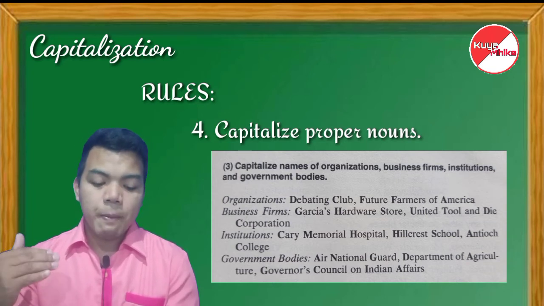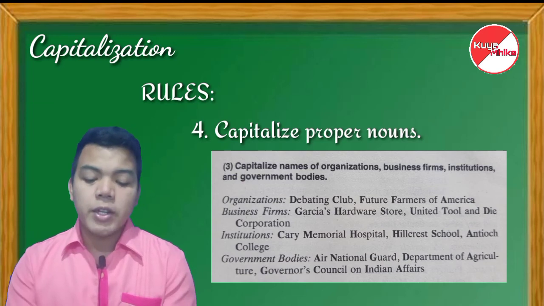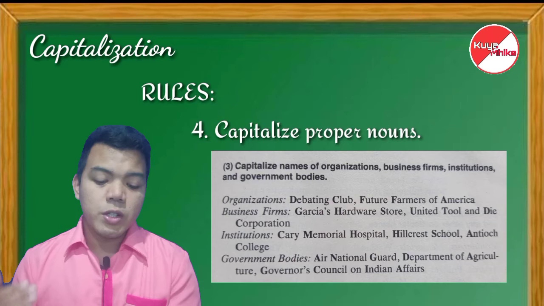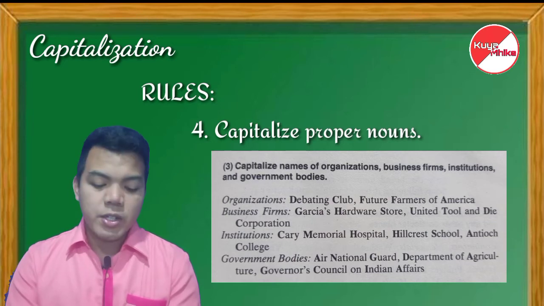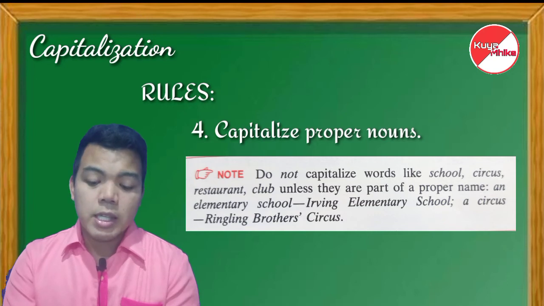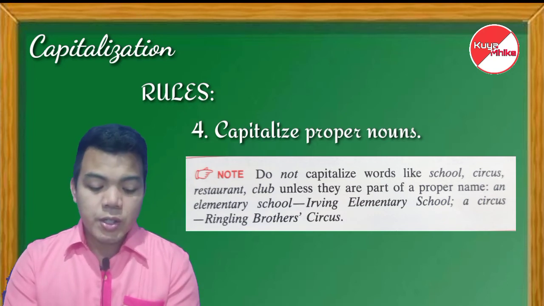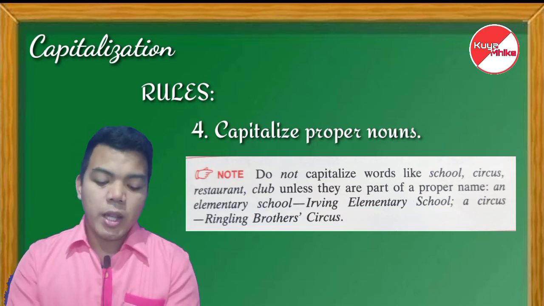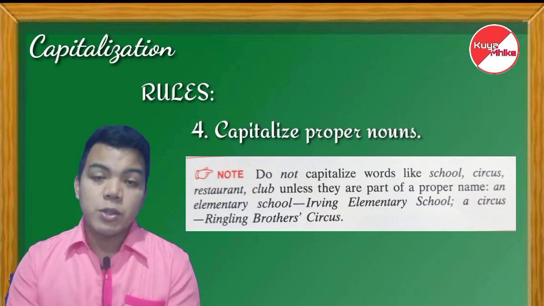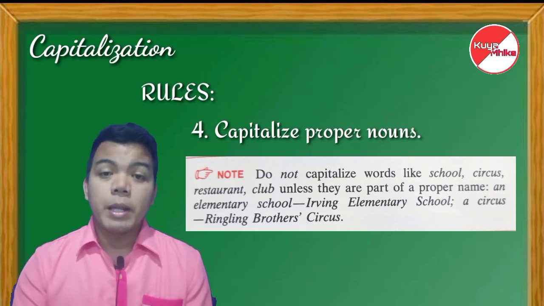Government bodies naman: Air National Guard, Department of Agriculture, Governor's Council on Indian Affairs. Then note naman natin dito, do not capitalize words like school, circus, restaurant, or club unless they are part of a proper name. So, an elementary school, for example, Irving Elementary School, doon lang natin siya i-capitalize.